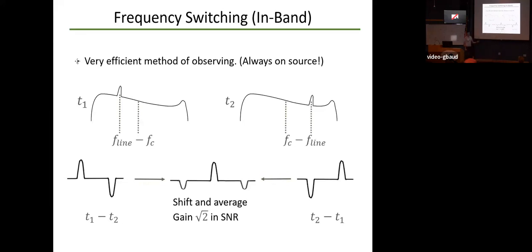Right, so we're always on source. We have square root 2 gain in our sensitivity versus a position switched observation because we're observing for twice as long on source. Right? But what are some drawbacks that you could potentially think of if you have these negative lines over here that are going to be in your output spectrum?